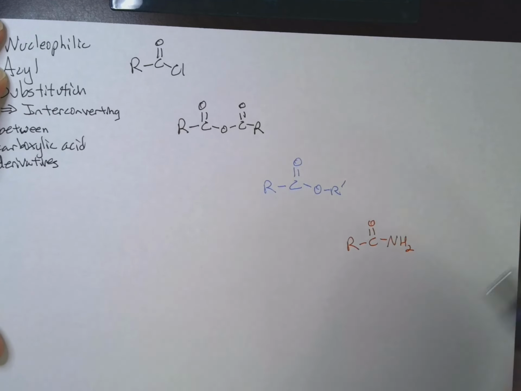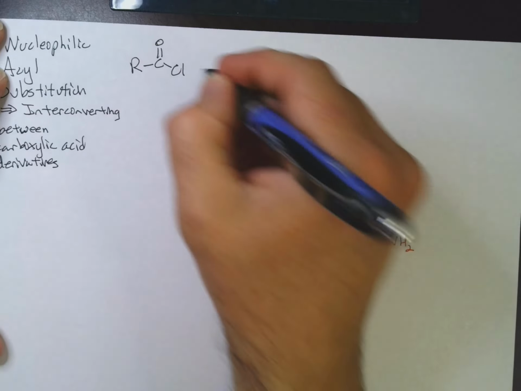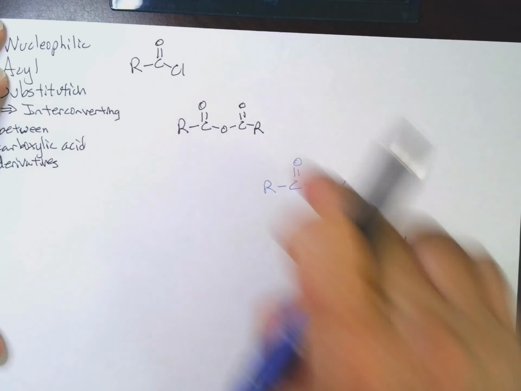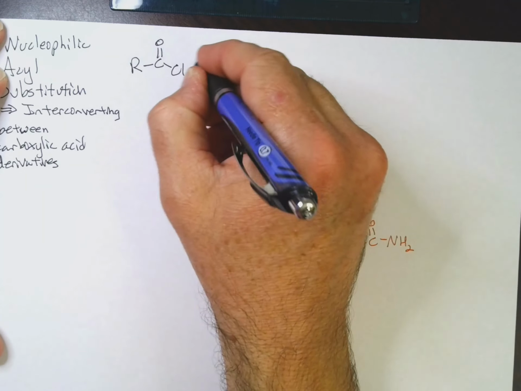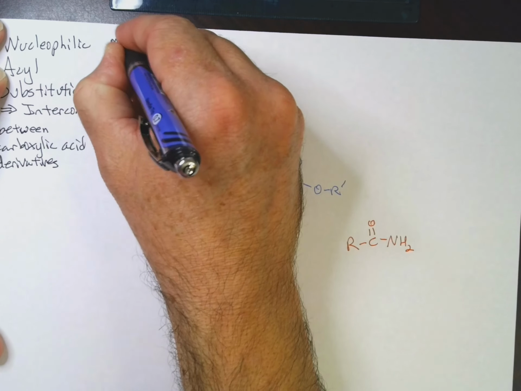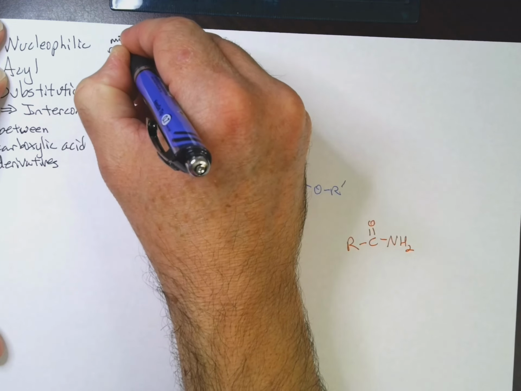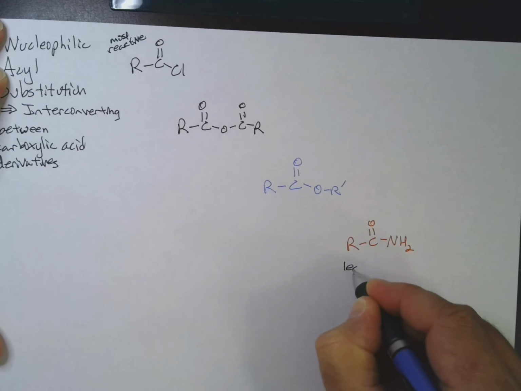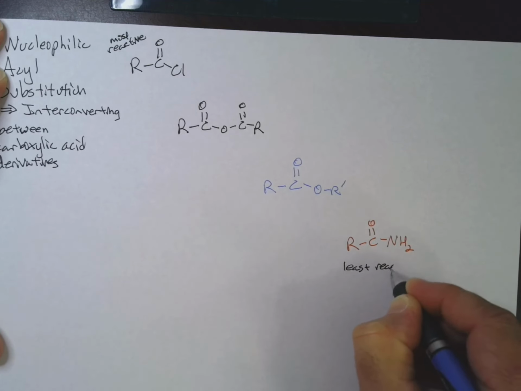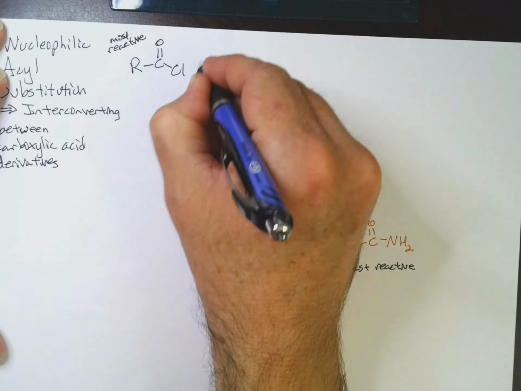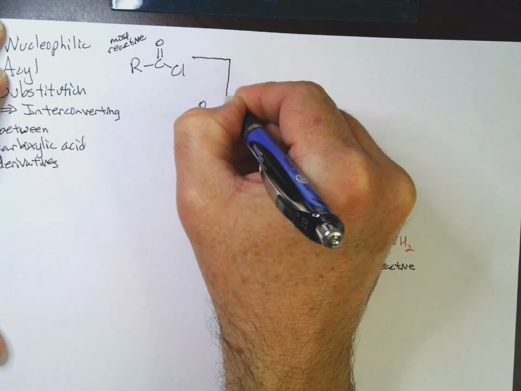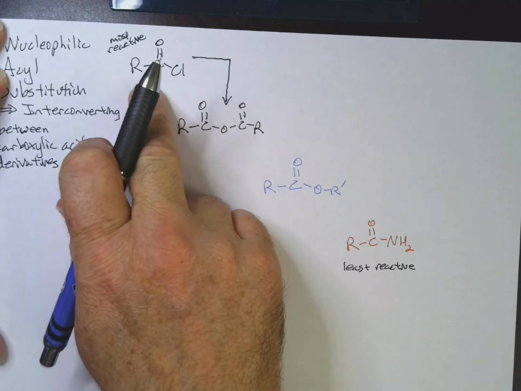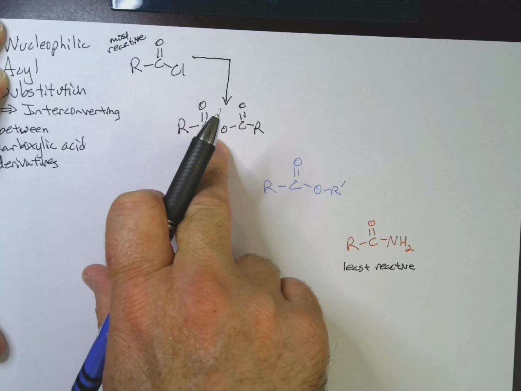And so we can convert these, but we can only go downwards, from most reactive to least reactive. Let's say I wanted to convert my acid chloride to an acid anhydride.